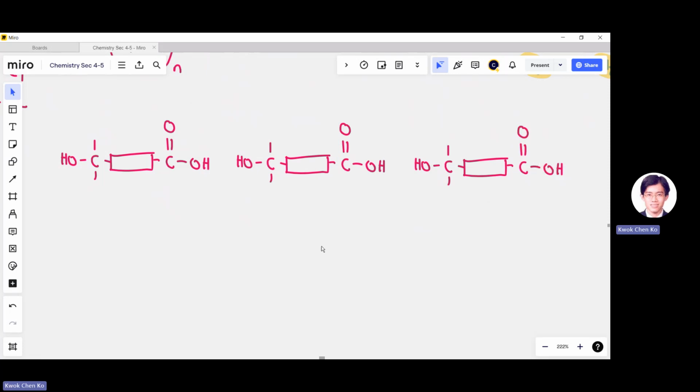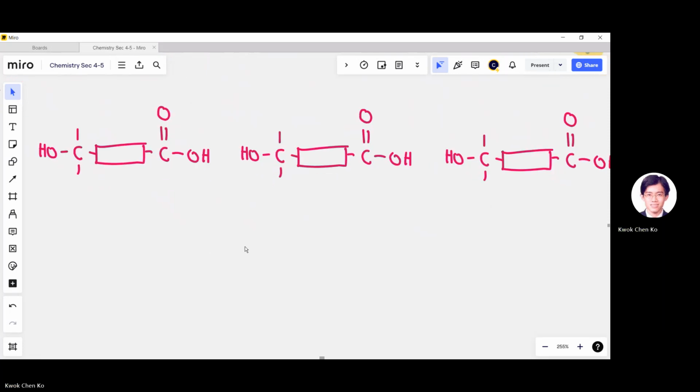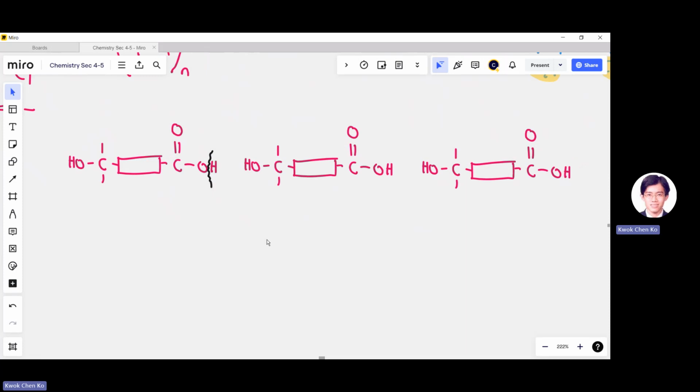Now, what happens is this. Where are the bonds going to break? You need to know. Here. This one you need to know. And here. And of course, here as well.